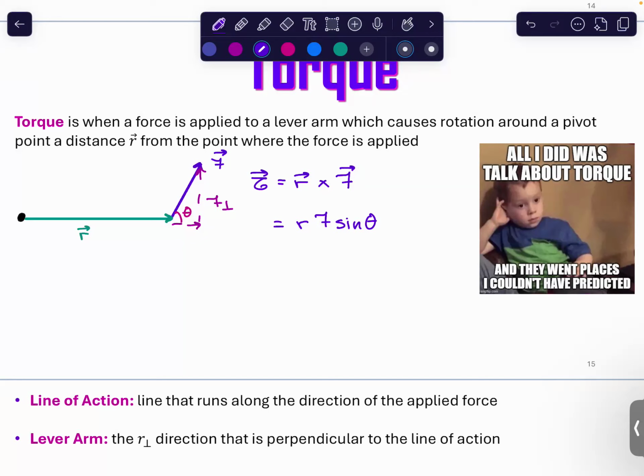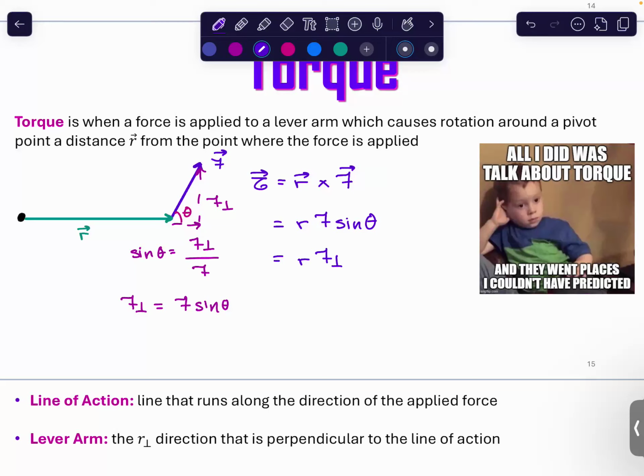And so if you look at this, sine of theta here would be the perpendicular component over F. And so your perpendicular is going to be the magnitude of the force, sine of theta, which means that your torque is going to be R multiplied by the perpendicular component of the force.